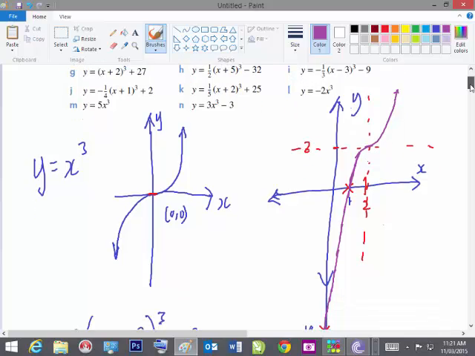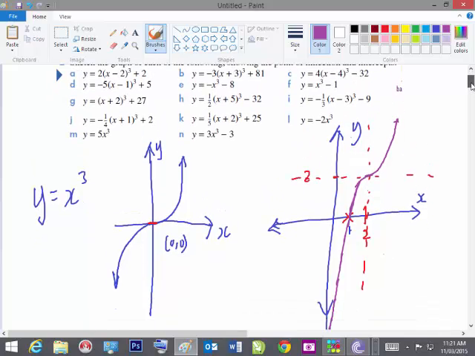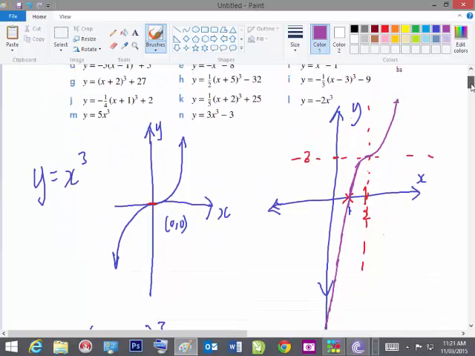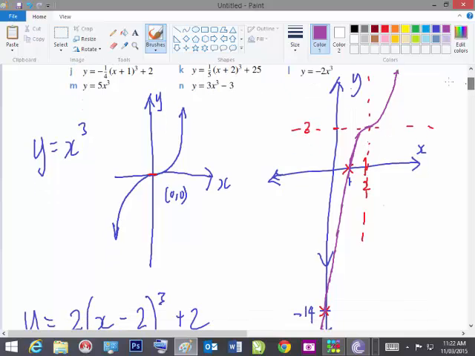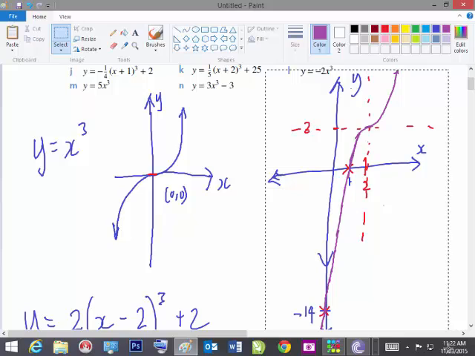Just to check that's right, that's question 2a. If you want to compare it, look at the answers. So I'll just copy that and see if it looks similar to what the answer shows.